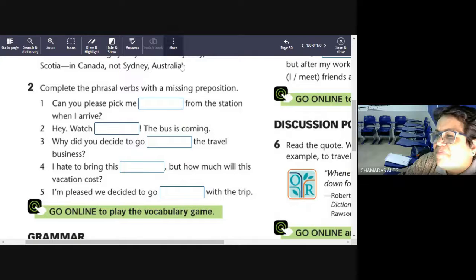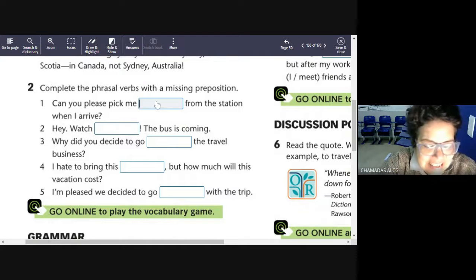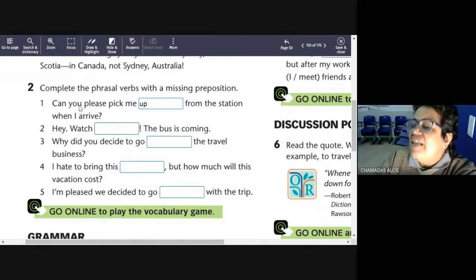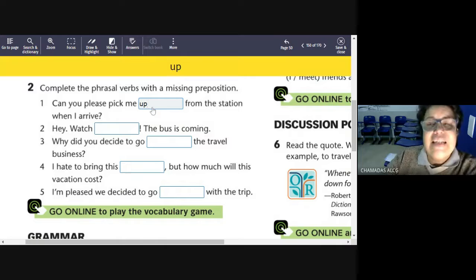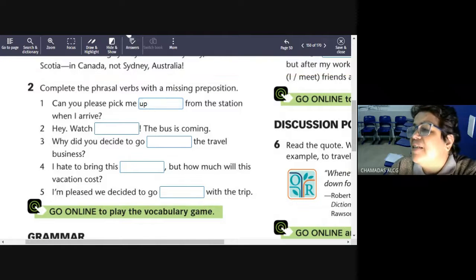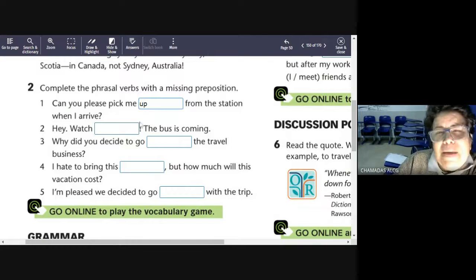Up. Yes, great. Pick me up. So when you ask someone to go there and get you, usually by car, you say, can you please pick me up from the station, right? So can you go and get me there and drive me home or wherever I need to go? So can you pick me up?